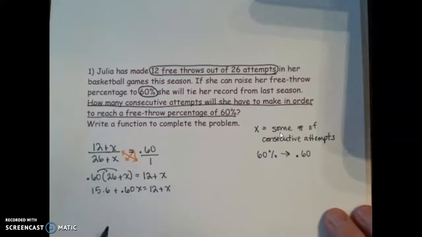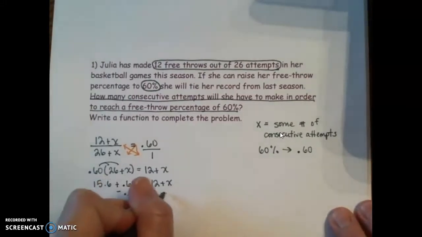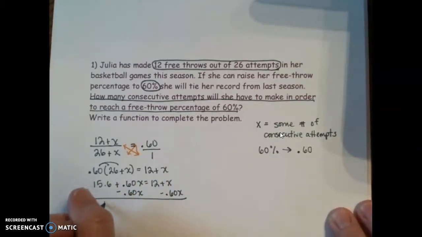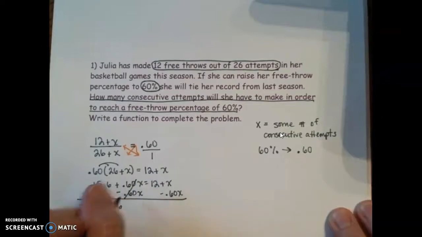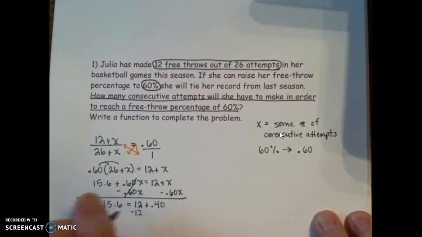And we're going to solve this for x. So we would subtract that, which leaves me 15.6 equals 12 plus 0.40x. I'm going to subtract 12.